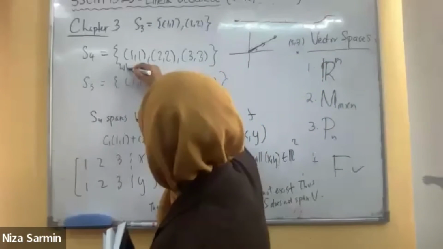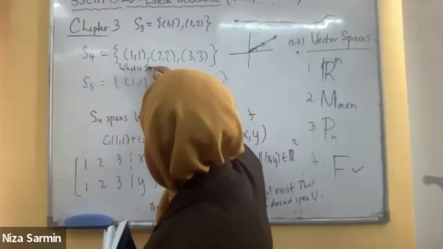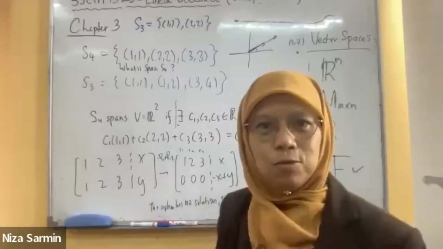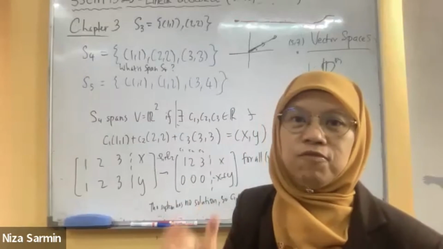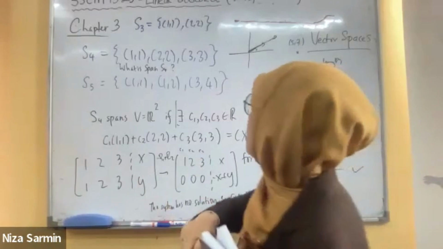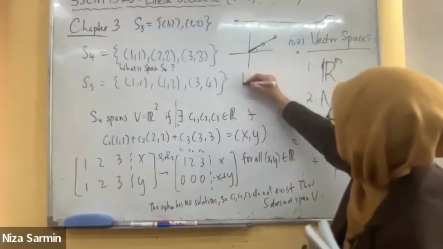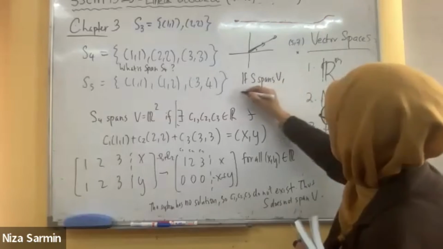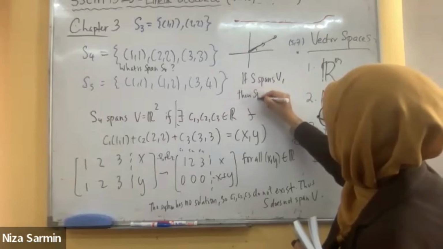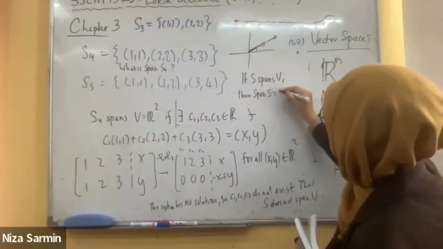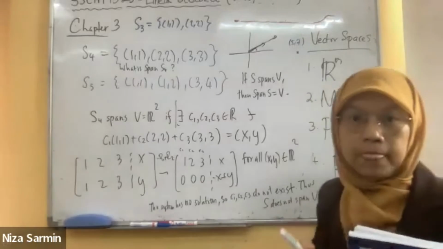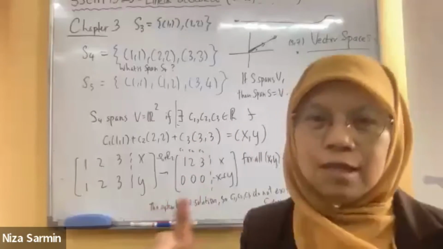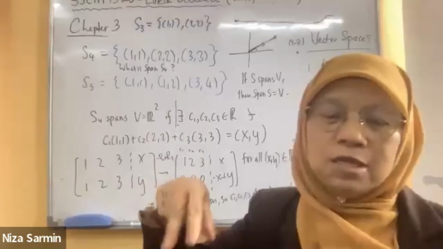But the next question can be like this: what is span S4? If S spans V, I think it's somewhere in the notes, then span S is actually equal to V. Like just now, you have two vectors which have an angle, so you find the determinant is not 0.